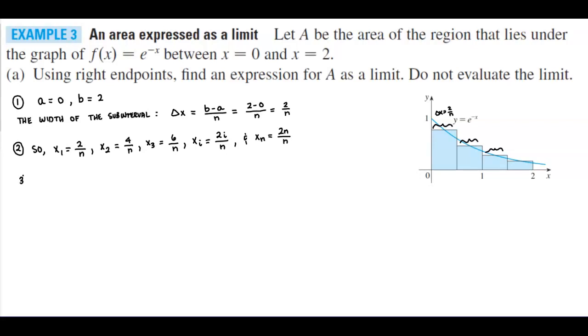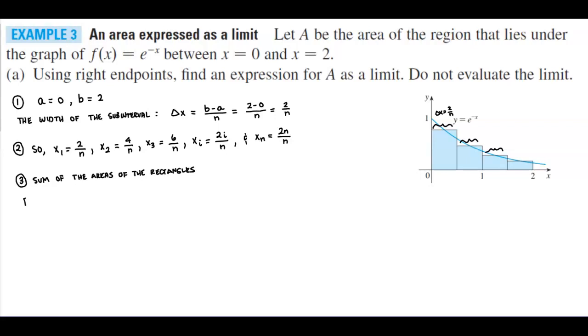Okay, so now let's find the sum of the areas of the rectangles. So what does that mean?